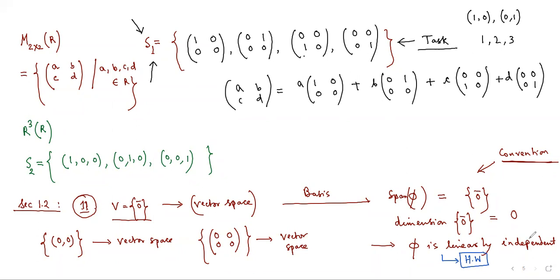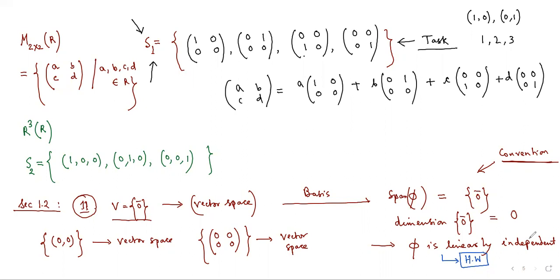You can try it in the following manner also. If possible, let phi be a linearly dependent set, and then what will happen? Now proceed with your argument, reach some sort of absurdity, and by this contrapositive argument, you will be able to show that phi is a linearly independent set.